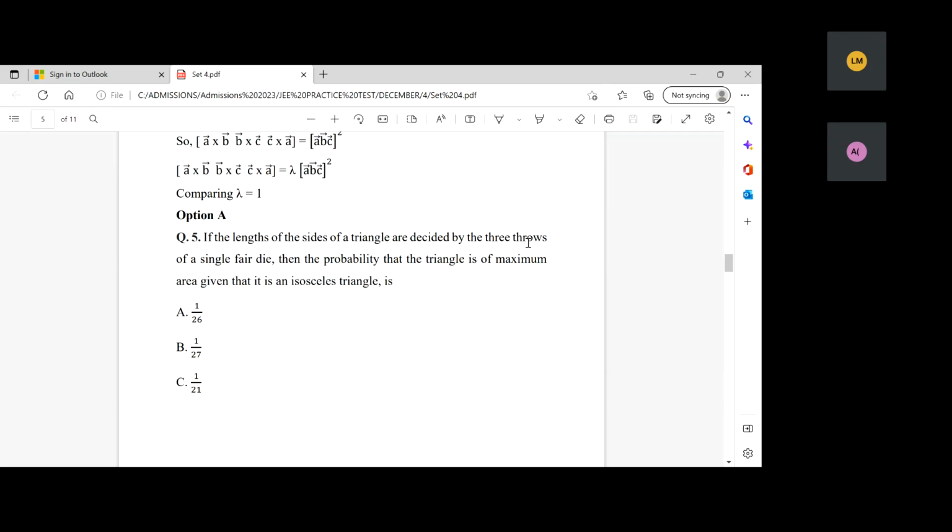Anyway, the values will be from 1 to 6, because it's decided by the three throws of a single fair die. Now identify the combination. They have specifically given it's isosceles. So it's a tricky question as this.